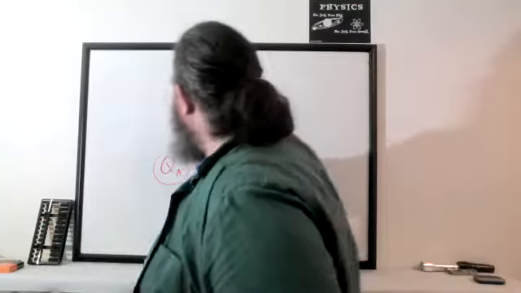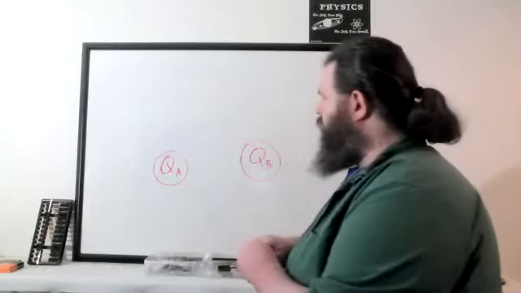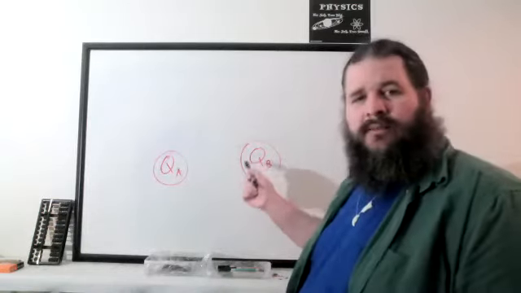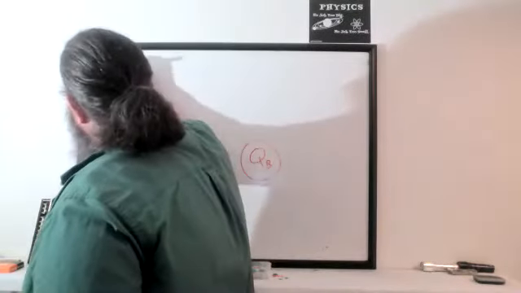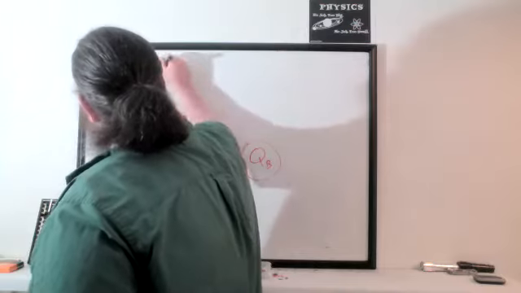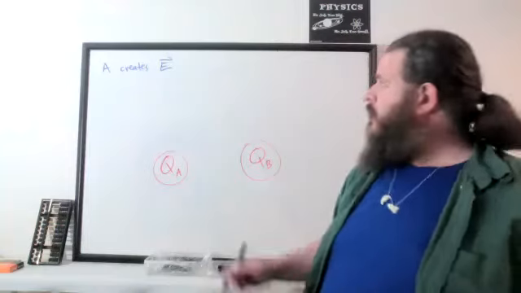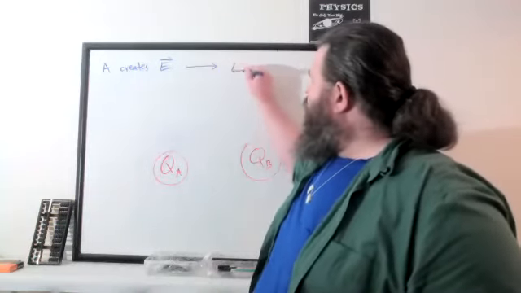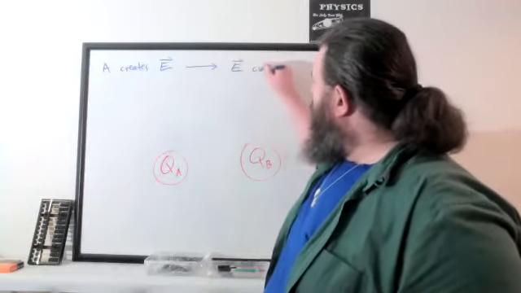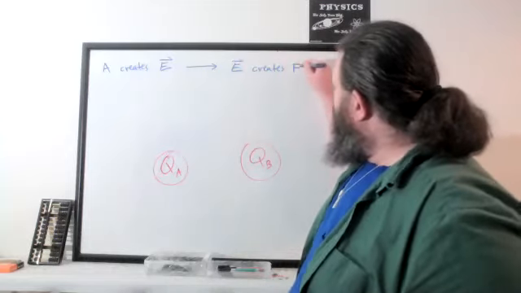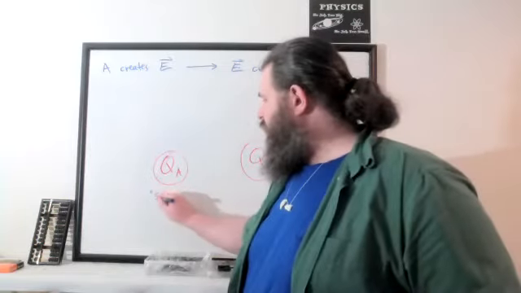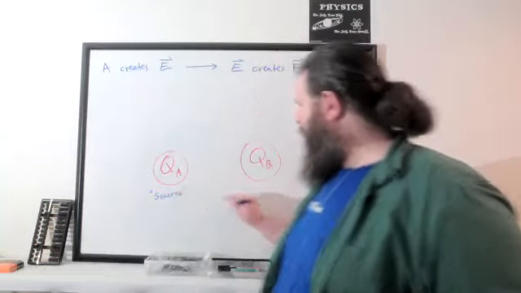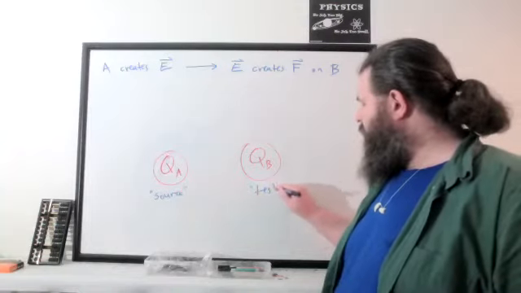But it's useful to think of this, instead of A exerts a force on B and B exerts a force on A, as object A creates an electric field in the space around it. And then the electric field from A creates a force on object B, if we treat A as the source object and B as the test object.